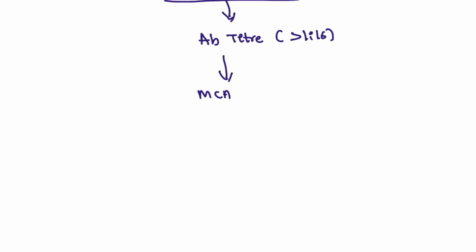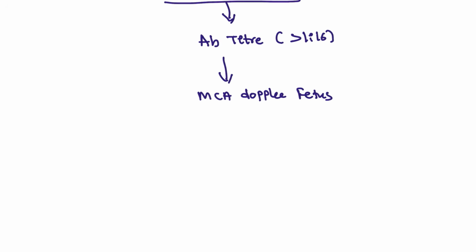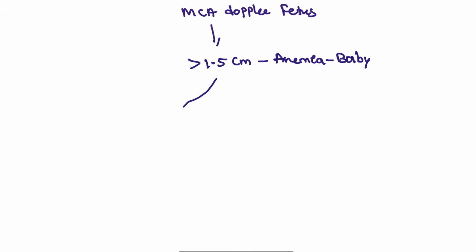Then we have to go for the MCA Doppler of the fetus. And here if you see more than 1.5 MoM, this is likely anemia in the baby. And what we can do here is cordocentesis.